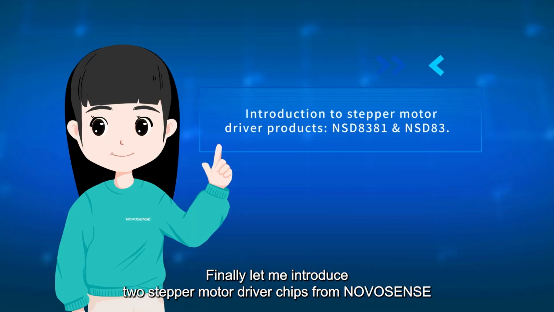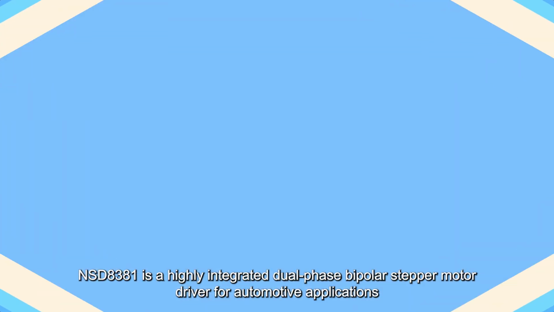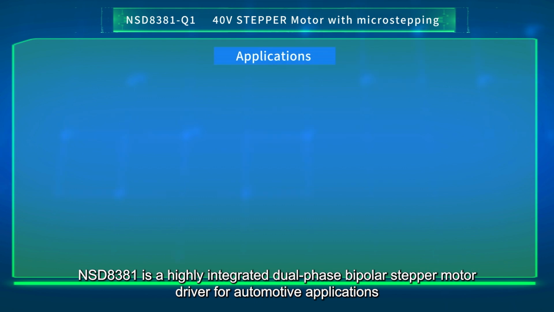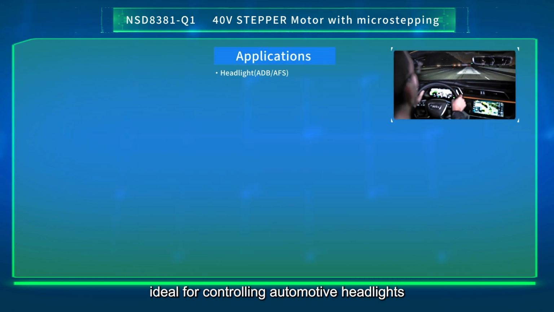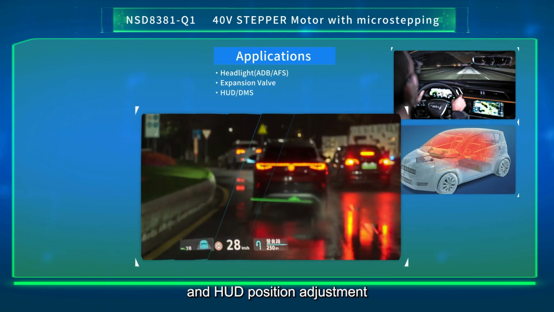Finally, let me introduce 2 stepper motor driver chips from NOVOSENSE. NSD8381 is a highly integrated dual-phase bipolar stepper motor driver for automotive applications, ideal for controlling automotive headlights, electronic expansion valves, and HUD position assessment.